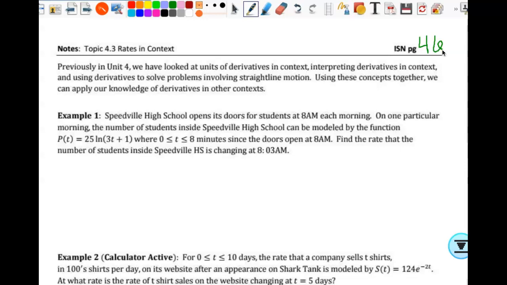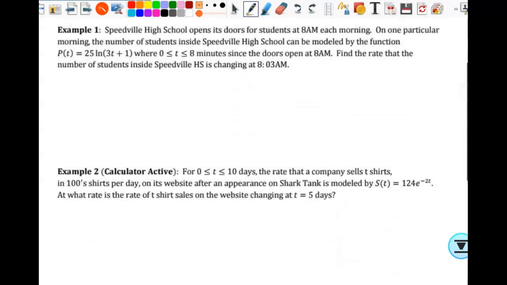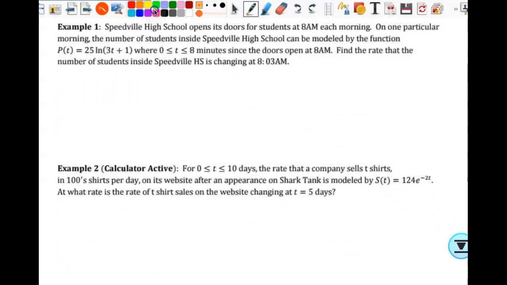So we're going to look here at example 1. And if you notice after each example, number 2 says calculator active. Example 1 does not. Therefore, example 1 is not a calculator question, right? We got to be able to do it without the calculator. So let's read what this says. Speedville High School opens its doors for students at 8 a.m. each morning.